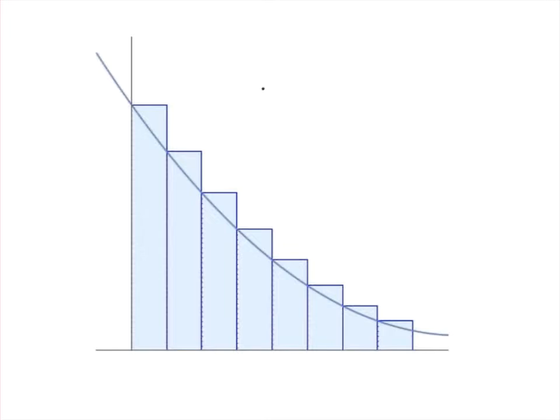For example, this one is called the left endpoint sum, because for each of the rectangles, the height would be the value of the function at the left endpoint. For example, for this interval, at this left endpoint, we're evaluating the function.